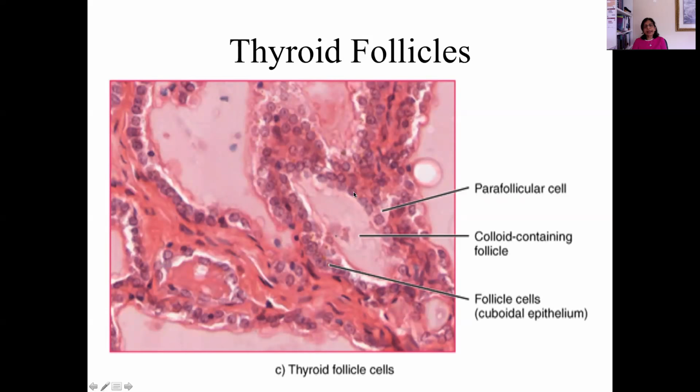Follicular cells are engaged in the production of the two important thyroid hormones, T3 and T4. T3 is triiodothyronine, and T4 is thyroxine or tetraiodothyronine.